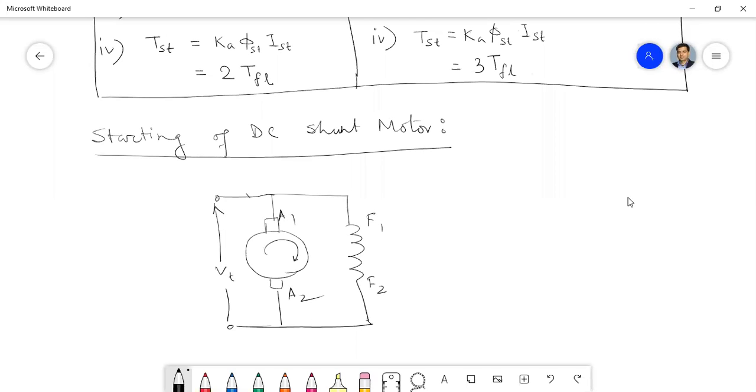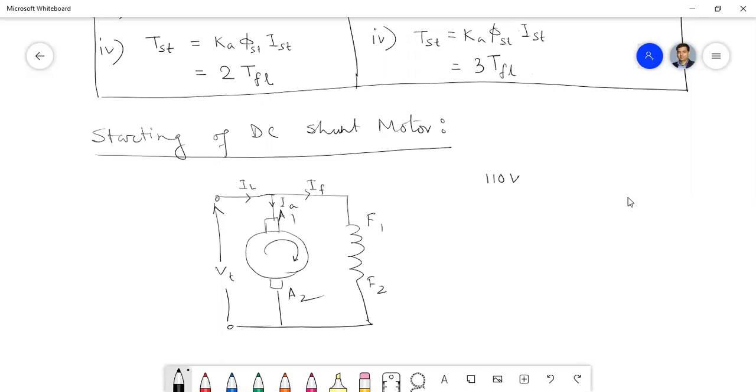Okay. Now this is the line current, divided into armature current and field current. Suppose the machine is rated for 110 volt. Now if I switch on directly at 110 volt, what may happen to this machine?